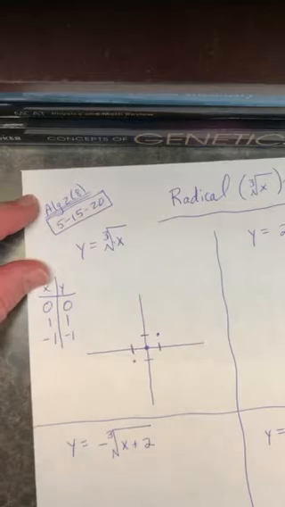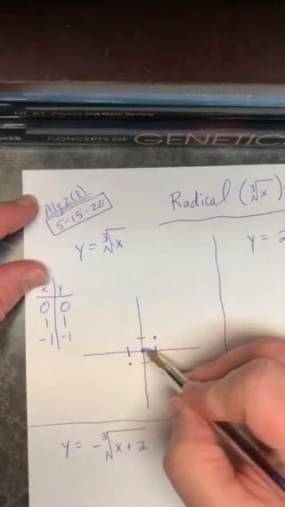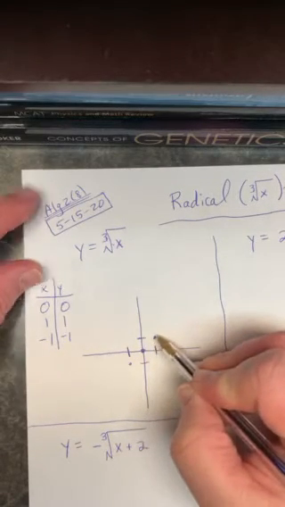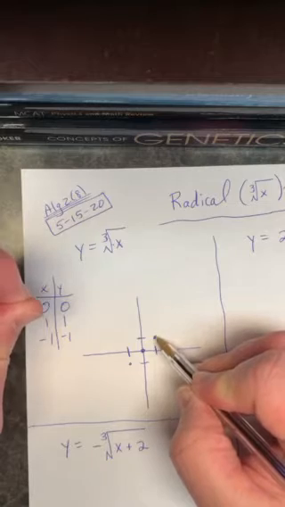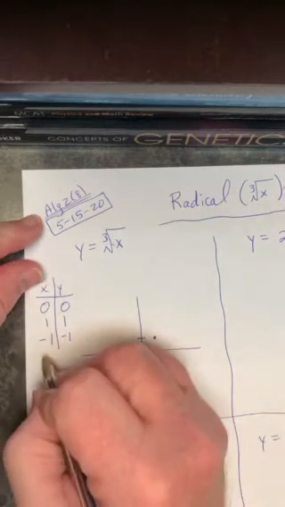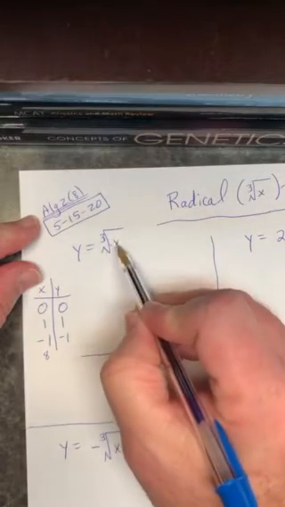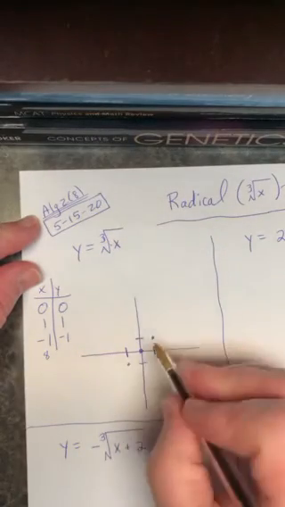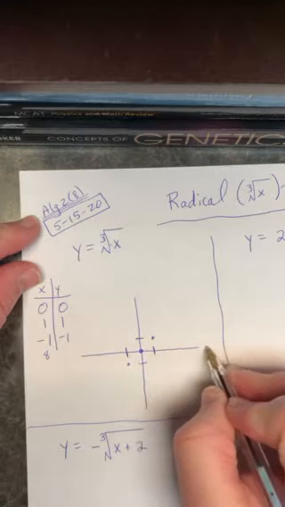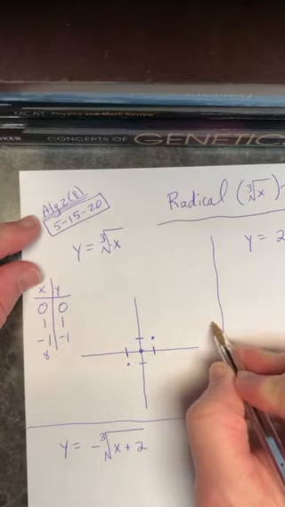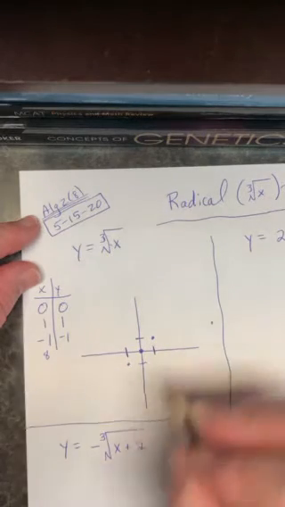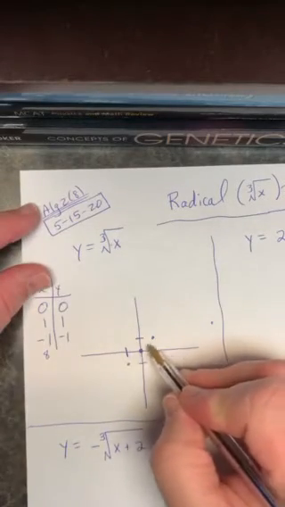Now freeze. That looks like a line, doesn't it? But watch this. You would not have to plug this number in, but if I plugged in an 8, what's the cube root of 8? It would be 2, wouldn't it? So I'd go right 8 and up 2, and it would be way over here. My point is, these are not lines.